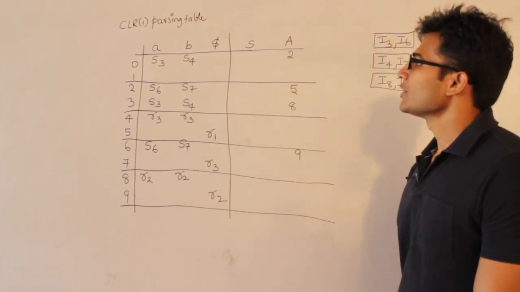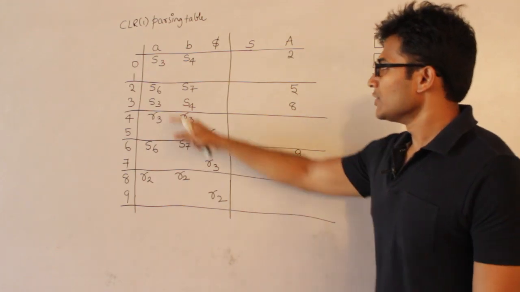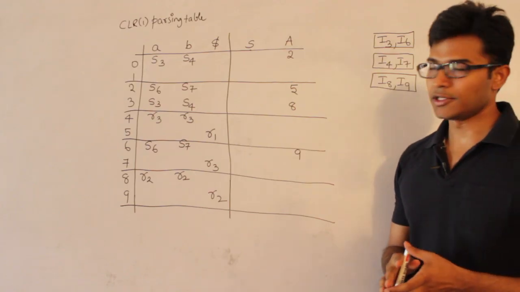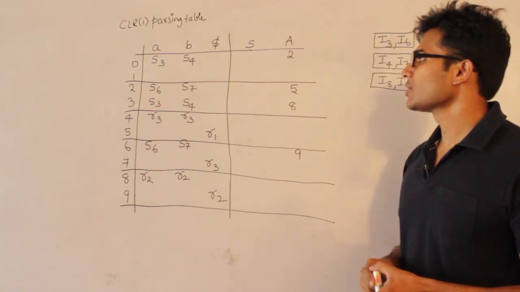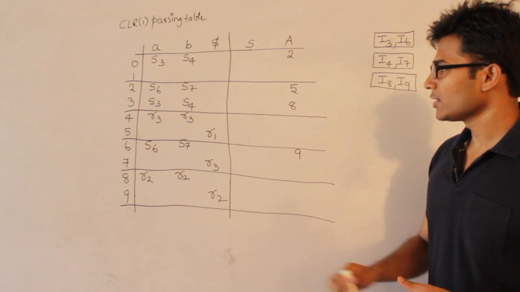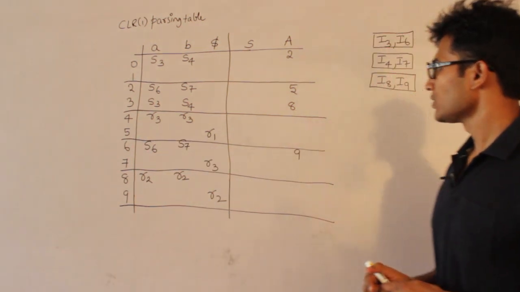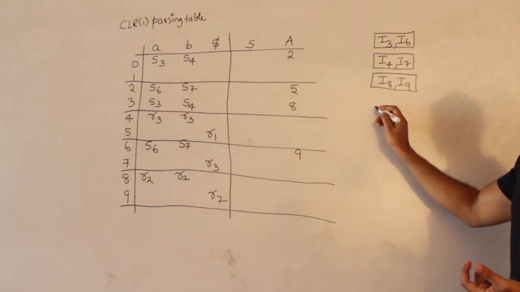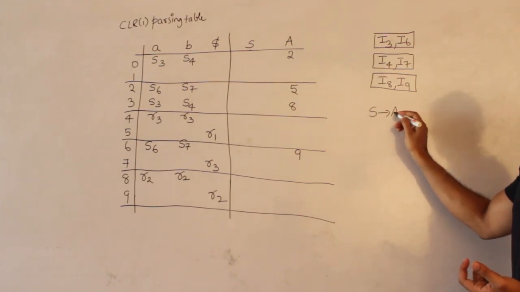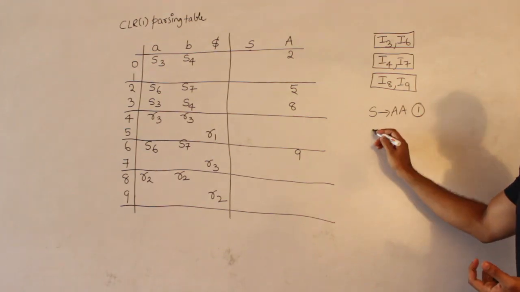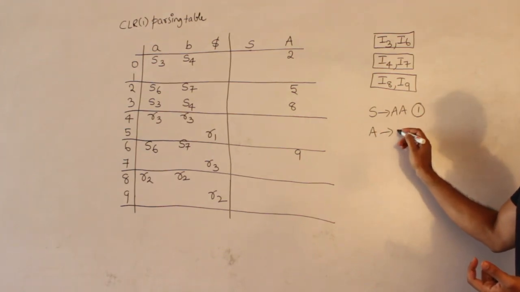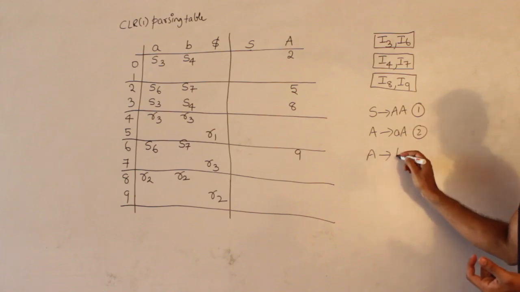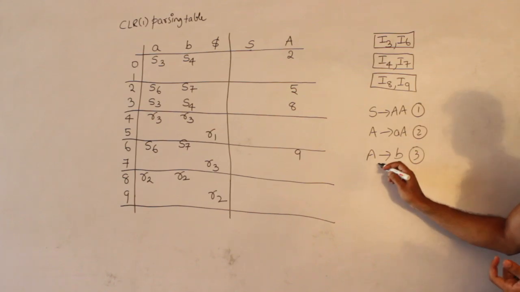In this parsing table, one thing to observe is that the shift moves and goto moves are the same as the LR0 and SLR1 parsing tables. The only difference is whenever you have reduce moves. Look at the fourth state. Let us say the first production, S derives AA, is production number 1, the second production, A derives aA, is production number 2, and A derives b is production number 3. R3 corresponds to this.